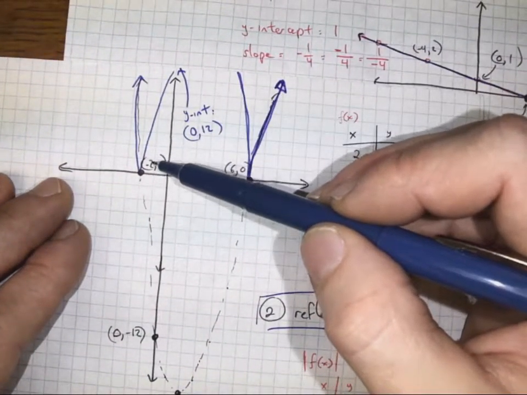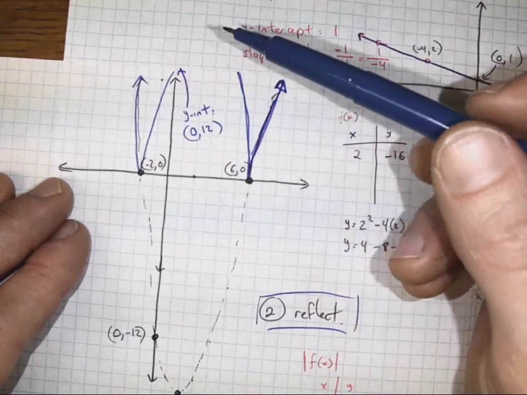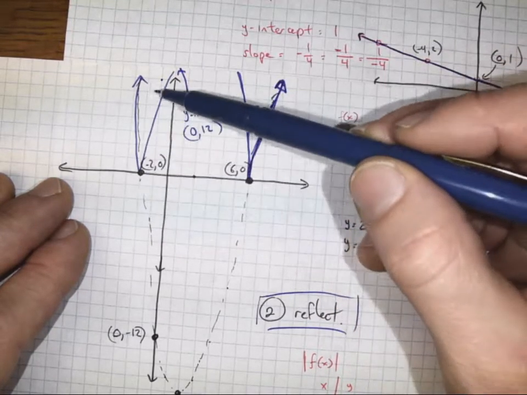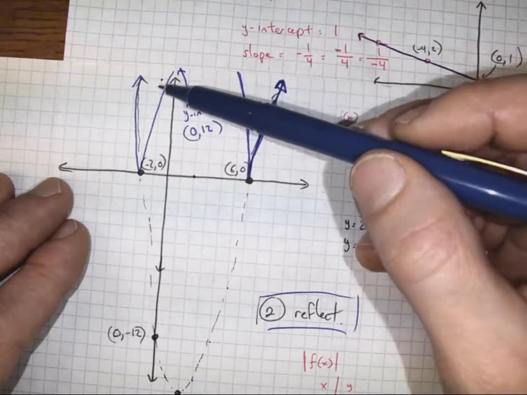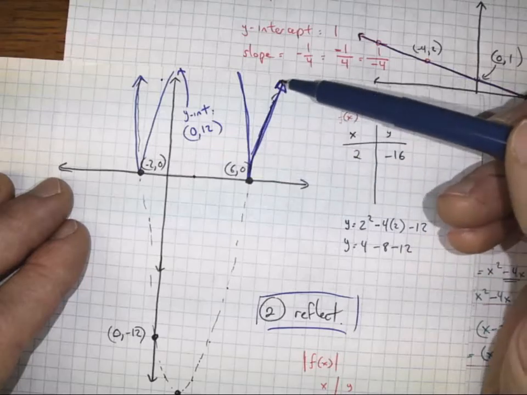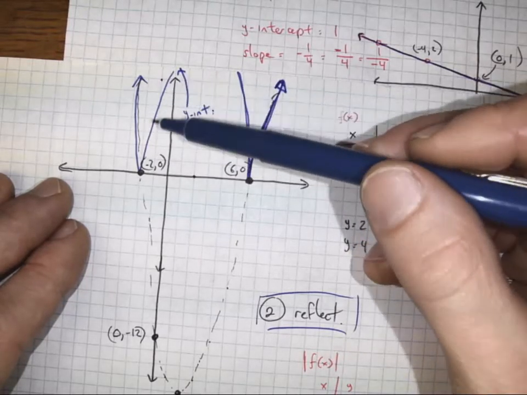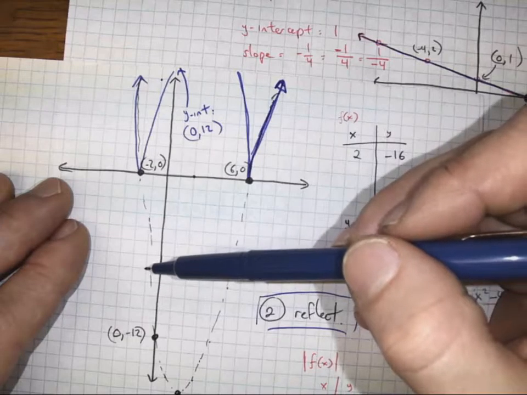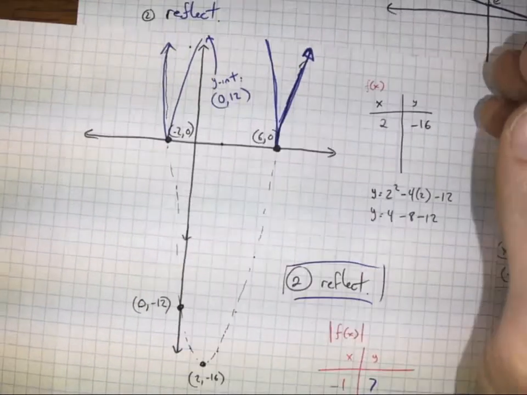Y is 7, x is negative 1: 1, 2, 3, 4, 5, 6, 7. So it should be up here. So it looks like when I sketched this, I could have made it a little bit higher, so it's not perfect. But I can tell that I'm kind of sketching the right kind of idea. I could have made it a little bit more accurate, and if I look down here, I can see that actually probably should have been more down here. Okay, that makes sense. All right, cool.